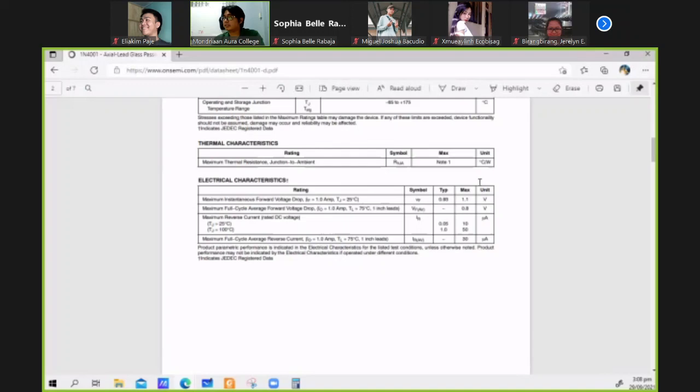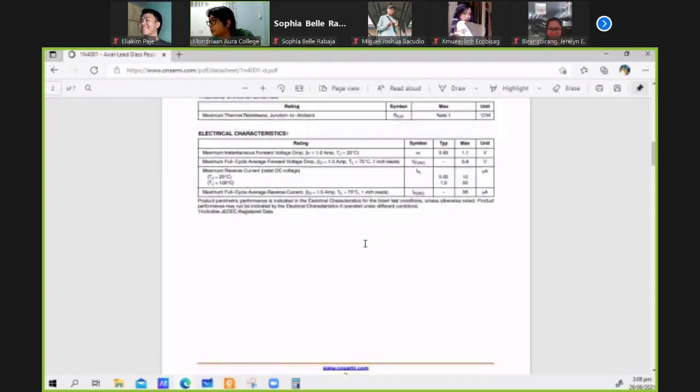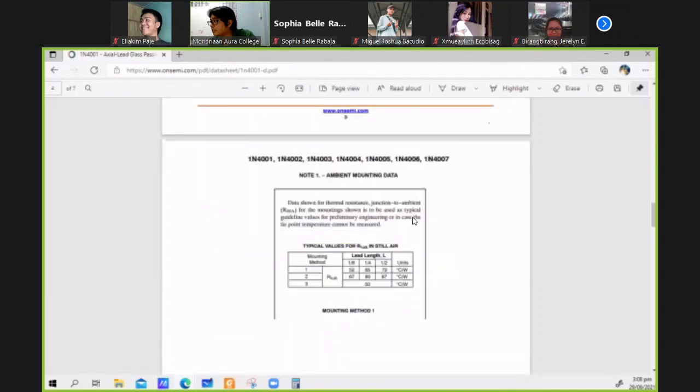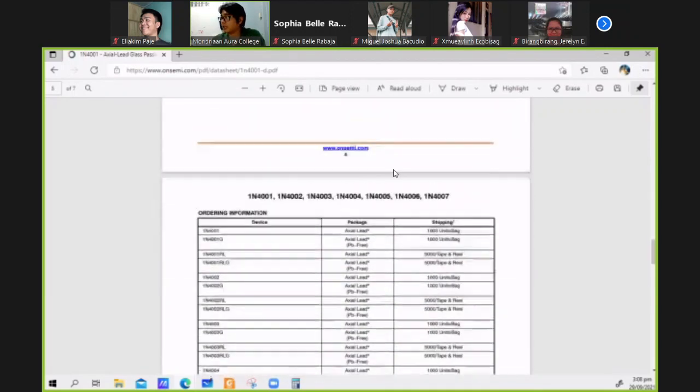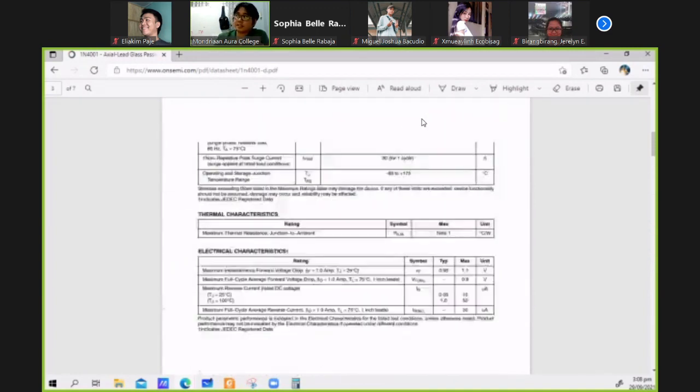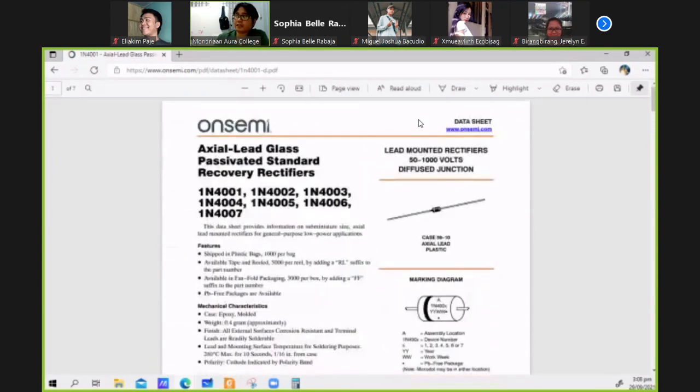Ayan. Ay, hindi. Ano to? Reverse current to. Dito nakalagay yung I sub S. But anyway, hindi ko siya mahanap for now. Yung mga data sheet kasi ng mga different diodes, usually, nilalagay dito yung value ng reverse saturation current.